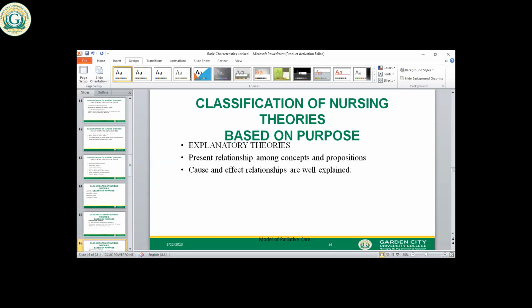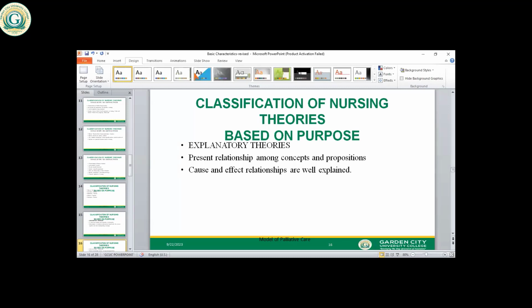Then we have explanatory theories. What explanatory theories do is that they present the relationship among concepts and propositions. They try to explain the link between the cause and the effect. Let's say a theory is talking about how improper hand hygiene can bring about a particular disease.